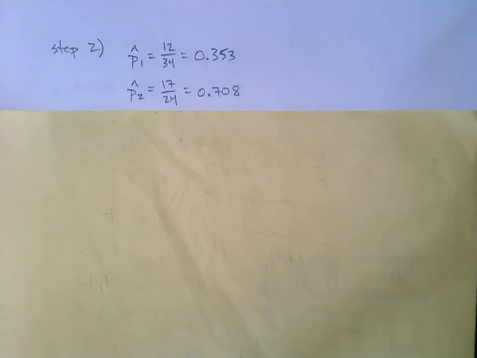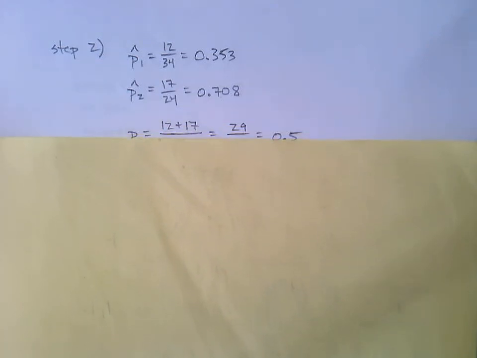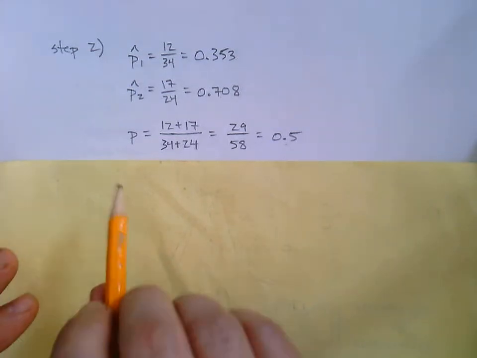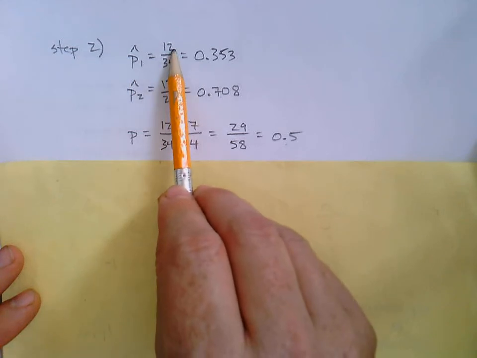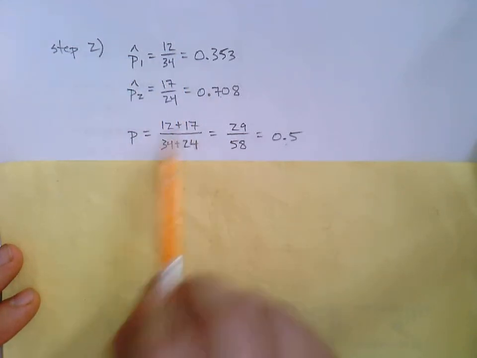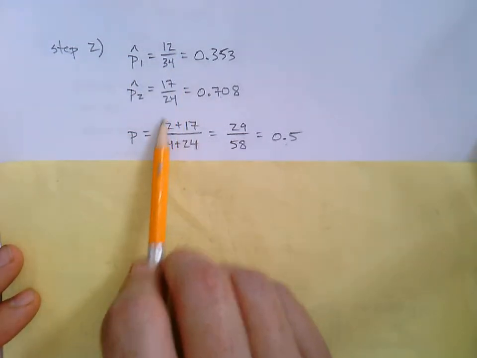Okay, now that we have P1, P2, we need to find P. Remember, P is the total pooled proportion of success. So what we're going to do is take all of it together. We take both 12 and 17, add them up. Both 34 and 24, add them up.